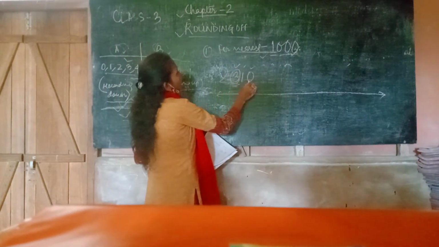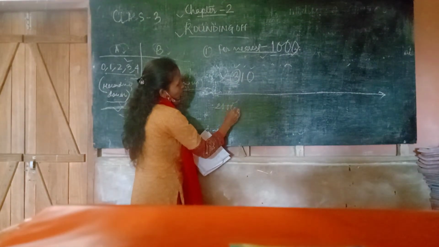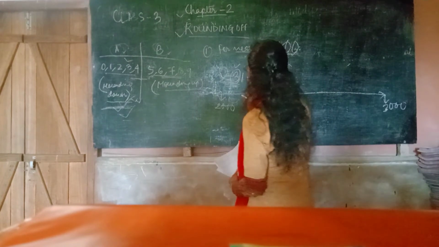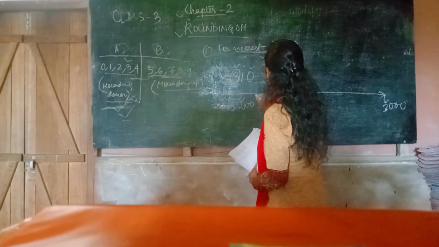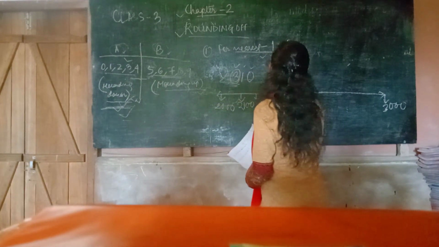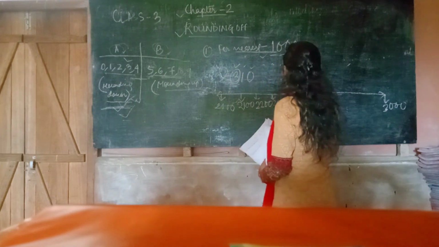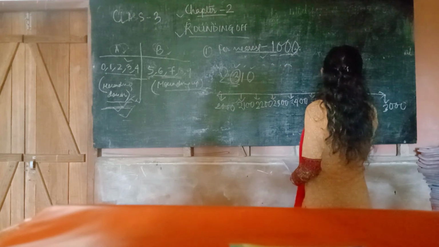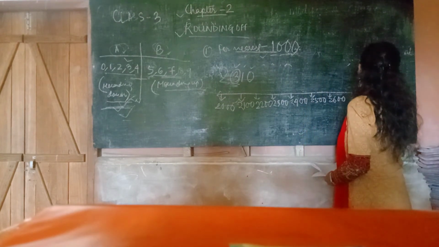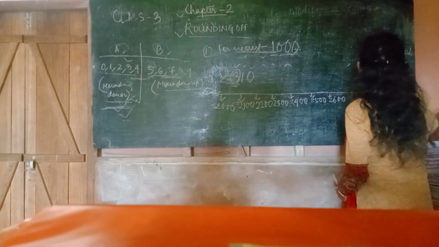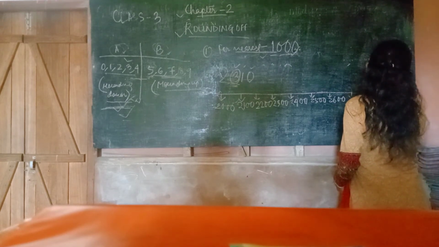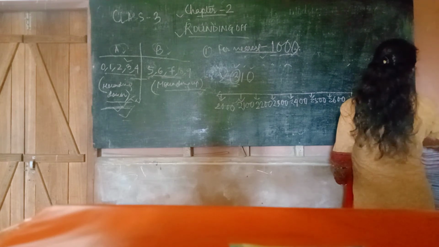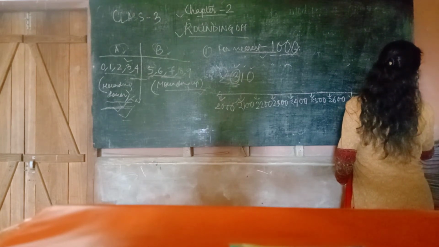So 2310 lies between 2000 and 3000. After 2000 you can write 2100, 2200, 2300, 2400, 2500, 2600, 2700, 2800, 2900, and the last one is 3000.